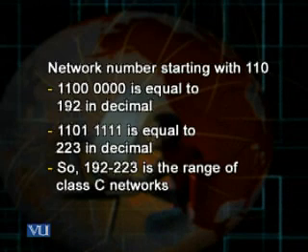Remember, the range for class C networks is from 192 to 223. So if we subtract 192 from 223, there are 32 different possibilities. So in 32 different ways, we can change the number in the first byte to get a new class C network address while keeping the second and third byte numbers the same.